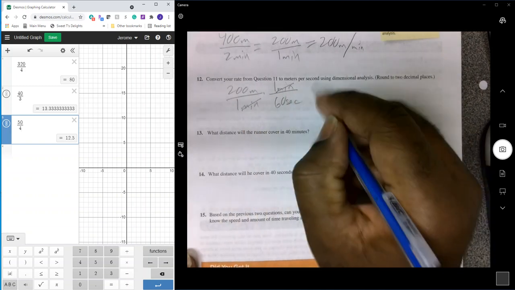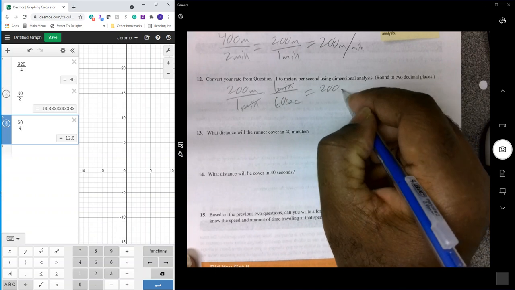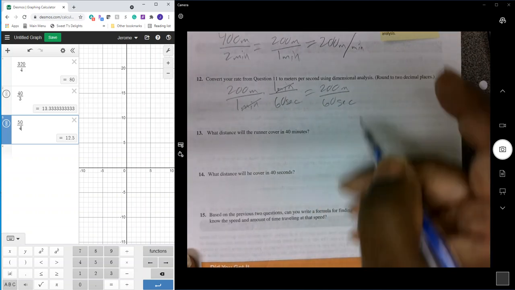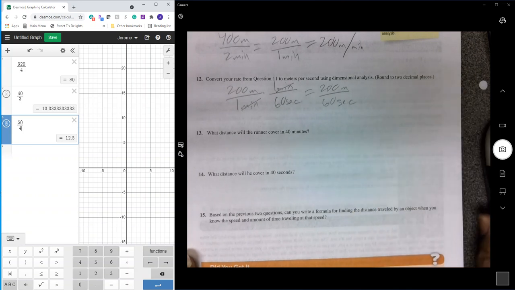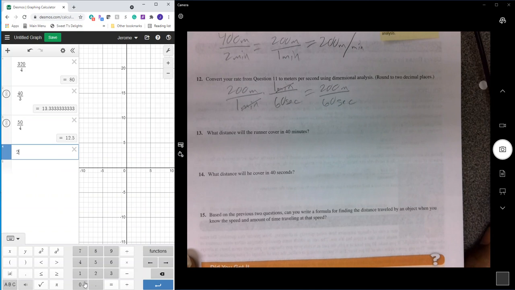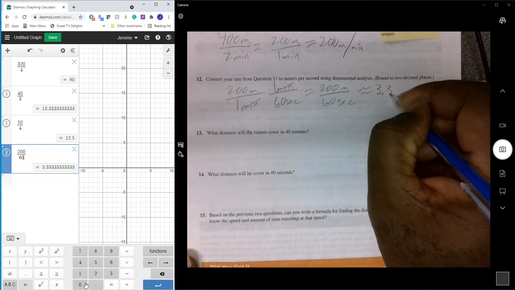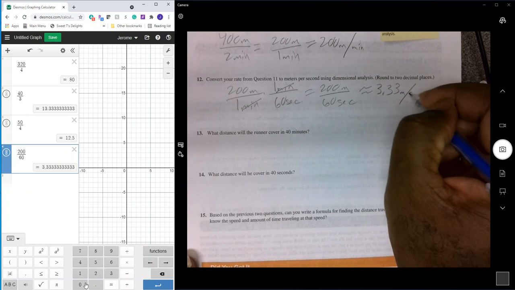The minutes will simplify out, and we add 200 meters over 60 seconds. So if we put this in our Desmos calculator, that would give us approximately 3.33 meters per second.